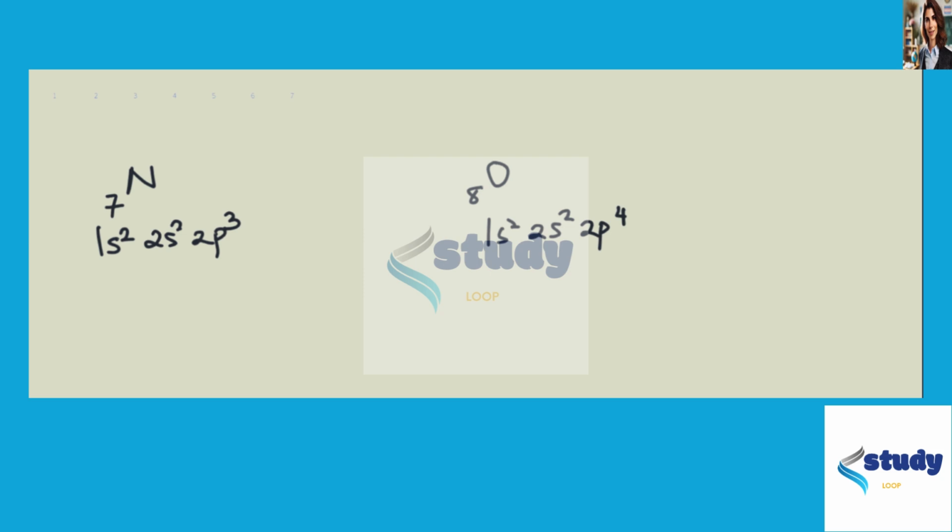The p orbital here is partially filled, I mean, here you have 1, 2, 3, and here you have the p orbital with 1, 2, 3, 4. So the p orbital in nitrogen is half filled, and that makes it more stable and relatively difficult for the electron to be removed from it. Whereas the p orbital in oxygen is not half filled, and it is not fully filled, so it is less stable, and an electron can easily be removed from it.